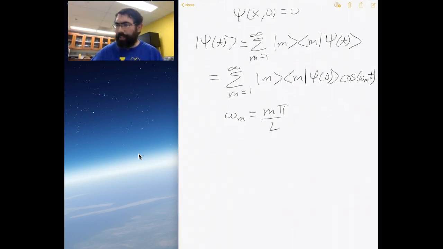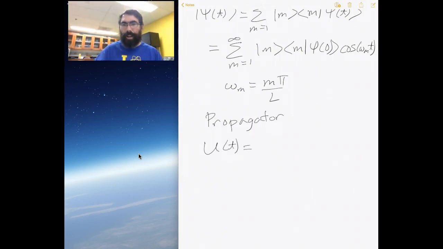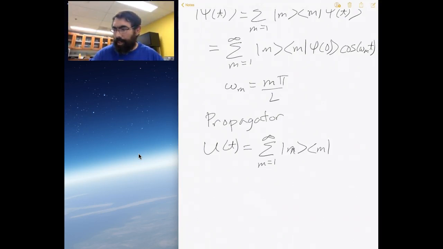Okay, so that gives us the propagator. The propagator is that operator which takes the initial state and transforms it into the final state. In this case, it's the identity over M states times the cosine of omega times t.